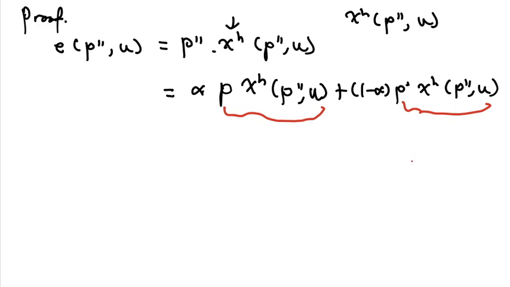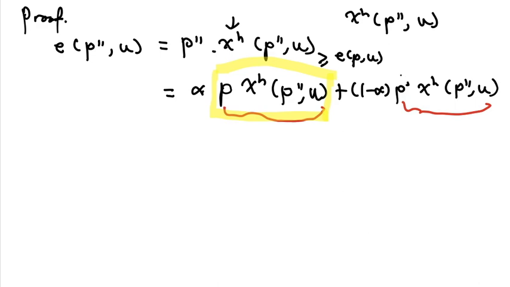So here, XH is actually optimal for P double prime, but not for the price of P and also P prime. So that means this bit, let me use a different color, this bit is actually more or equal to expenditure at P, sorry, yeah?